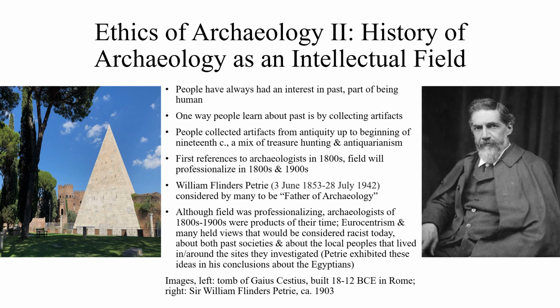So Cestius, even though he lives in ancient times and is having a pyramid tomb built for himself, is closer to us today in time than he is to the actual famous Great Pyramids in Egypt, which is a really interesting and kind of crazy thing to think about.